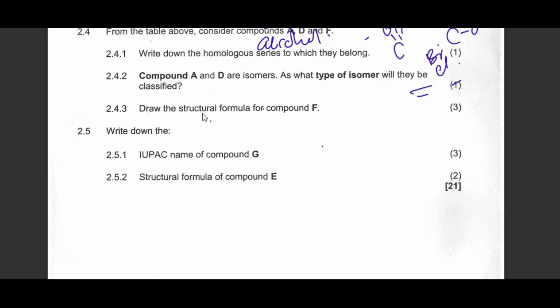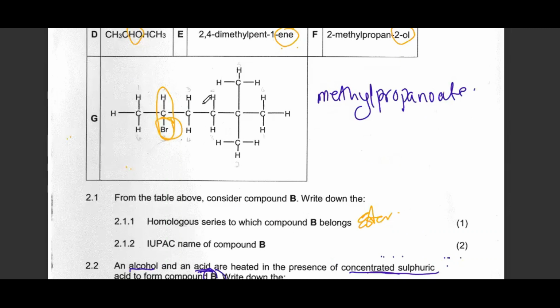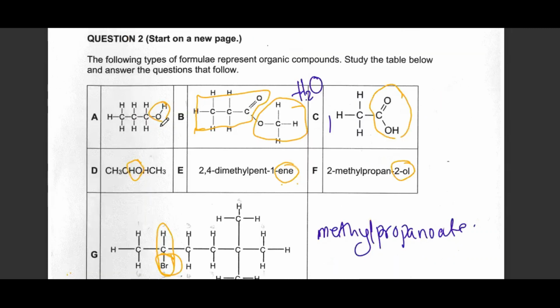Compound A and D are isomers. As what type of isomer will they be classified? Compound A and D. You see that the alcohol is here. So let me show you here.